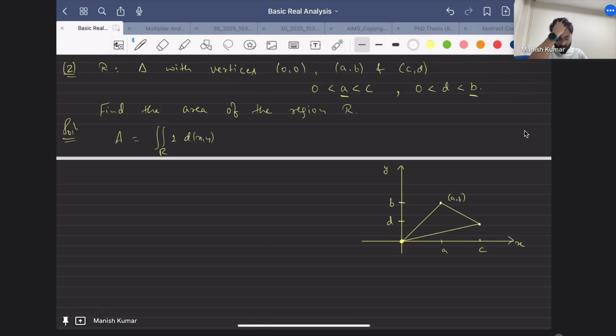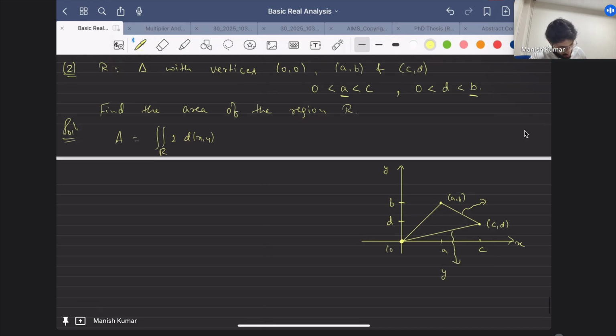Now, how should we solve this? Can you tell me what should be the first step? Sir, first find out the equations of the lines. Okay, let's try to find out the equations first.